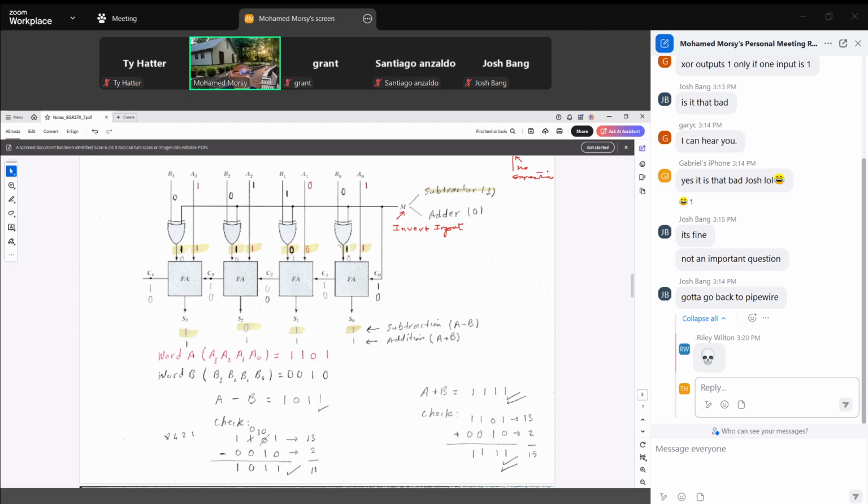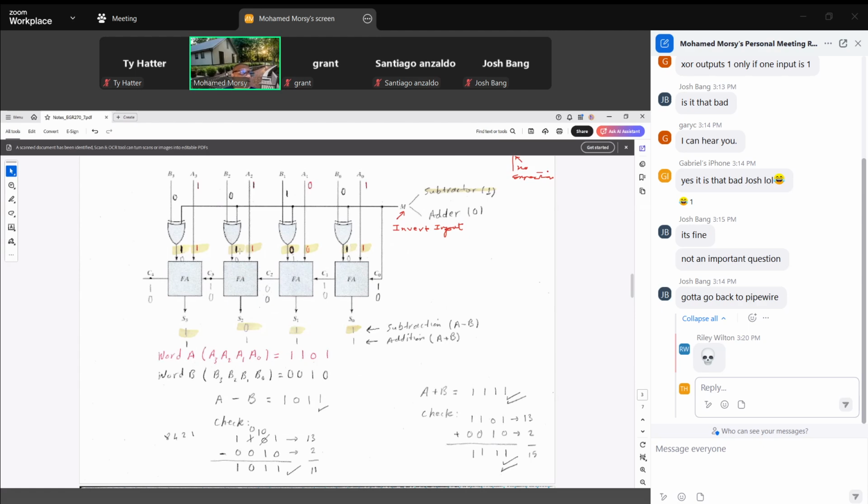1 plus 1 is 0 with carry 1, so we put carry 1 here. And we keep 0 in mind. So 0 plus 1 is 1. Next one, 0 plus 0 is 0, with 1. So it is 1 with carry 0.